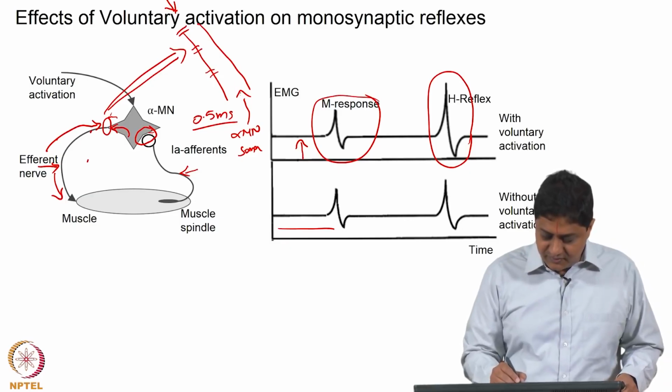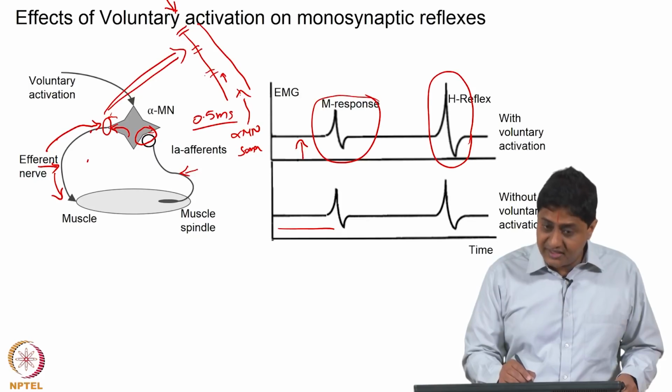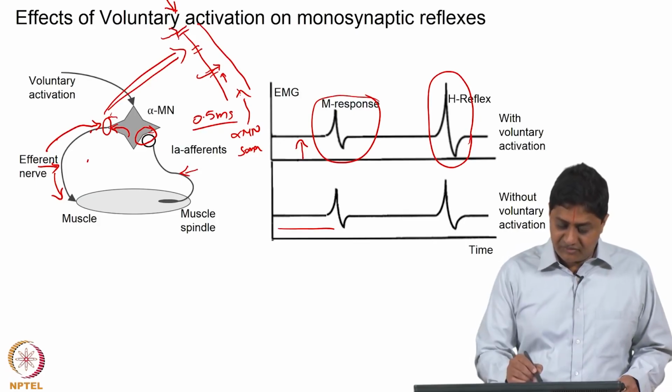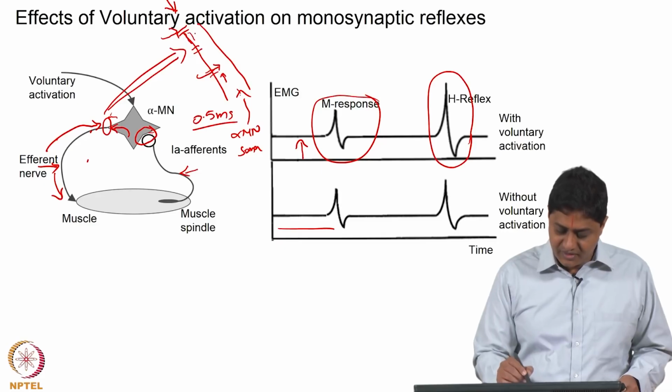As this action potential reaches that point, it is going to cause depolarization and a lot of sodium is going to come in. At around the same time, if this reaches this point, a lot of sodium is going to come in, and depolarization is going to travel in that direction, and depolarization from here is going to travel in that direction.